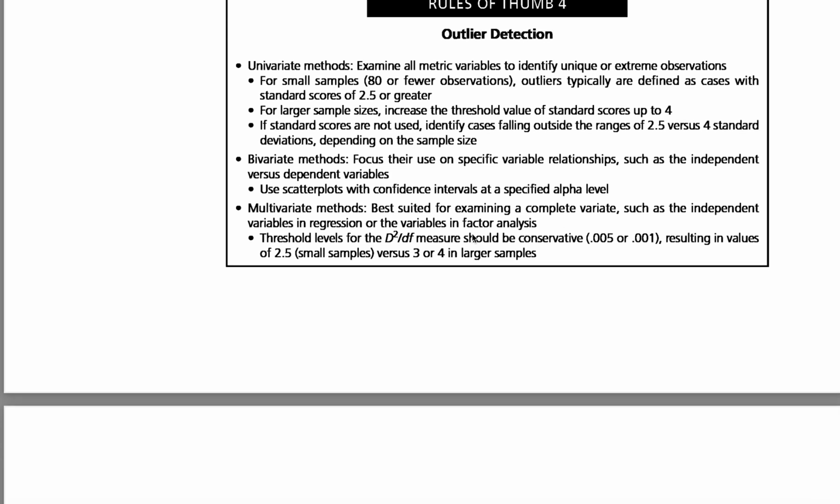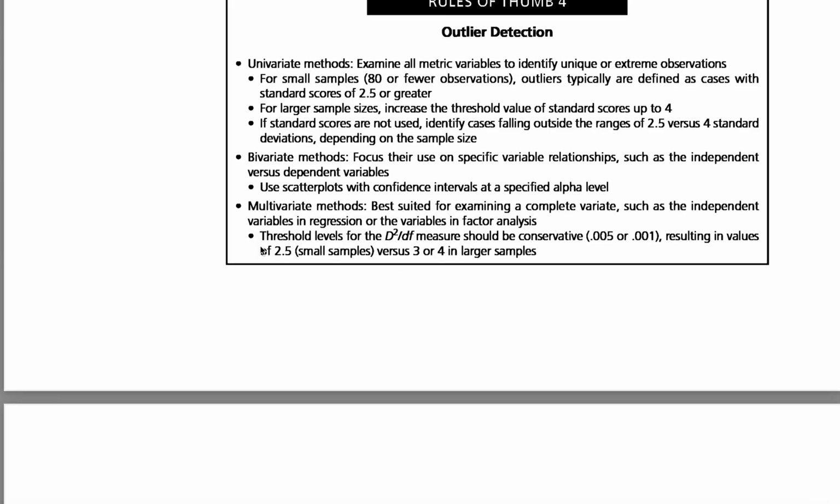outlier detection. Univariate methods examine all metric variables to identify unique or extreme observations. For small samples, 80 or fewer observations, outliers typically are defined as cases with a standard score of 2.5 or greater.